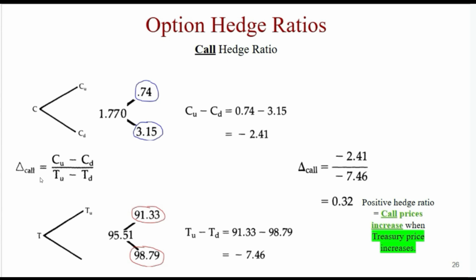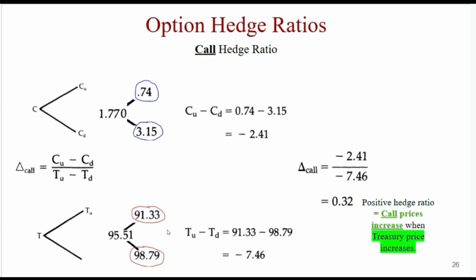The hedge ratio is the difference between the possible prices of the call option 1 year from today divided by the difference between the possible prices of the underlying Treasury 1 year from today. So here's our call prices, here's the prices 1 year from today, here's the difference.